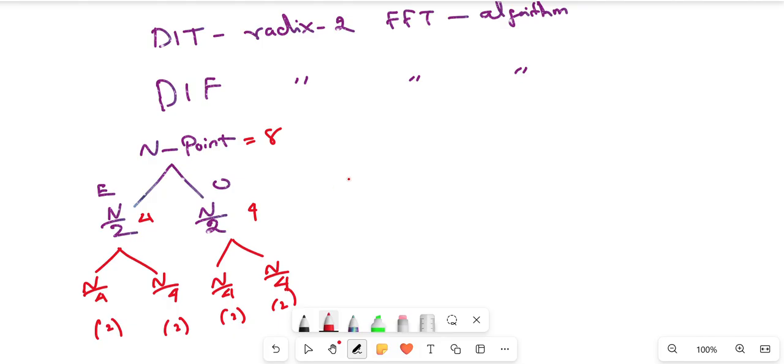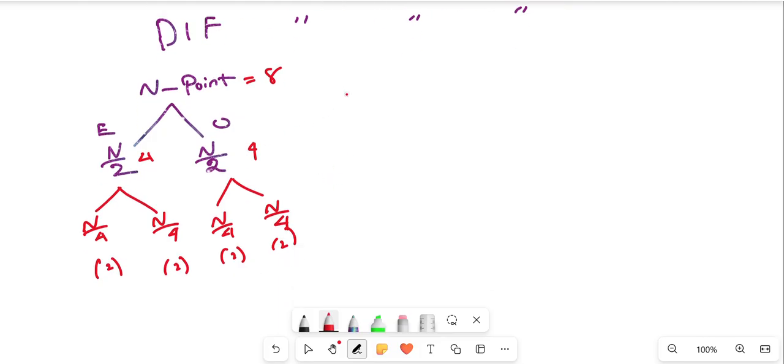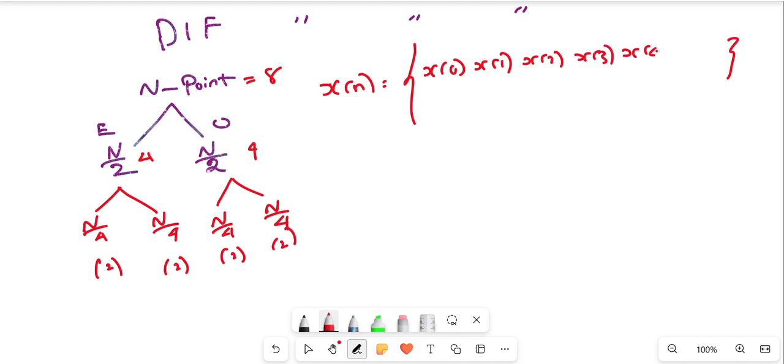Now, how the samples x of 0, x of 1, x of 2, x of 3, x of 4, x of 5, x of 6, x of 7 are divided into even and odd samples with respect to the position.